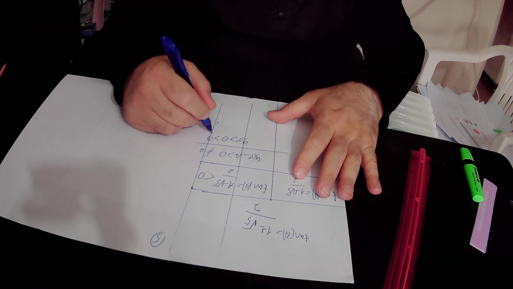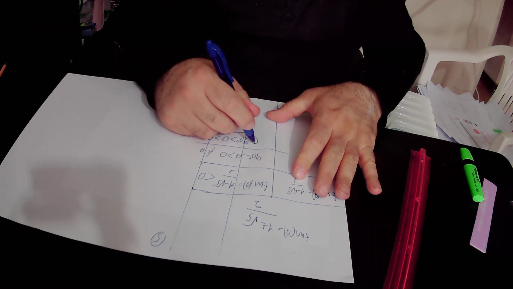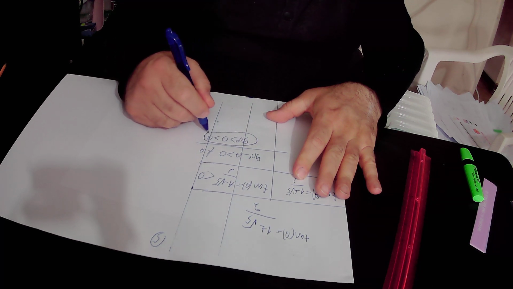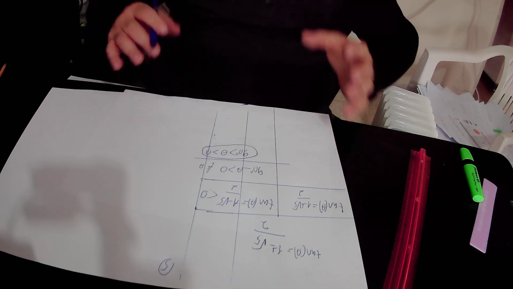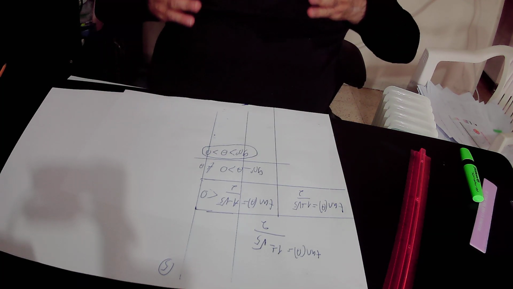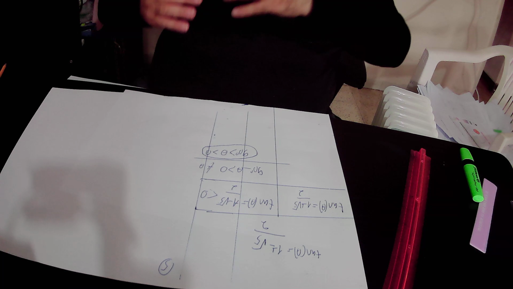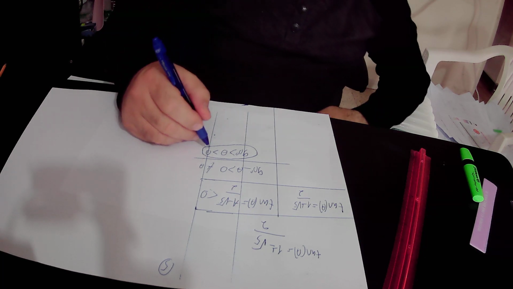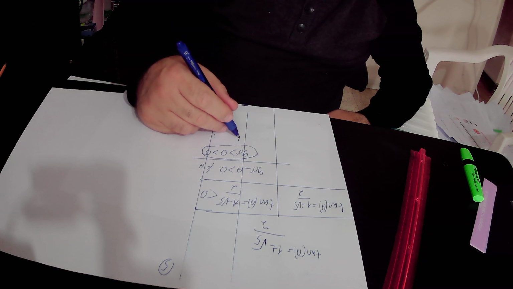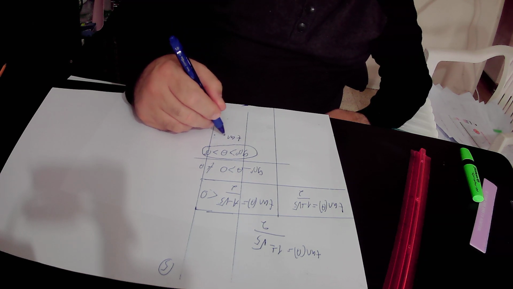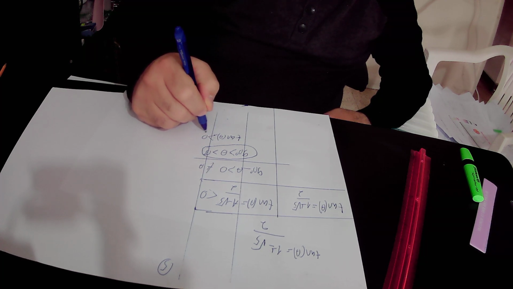So we found that angle theta, from one side is less than 90 degrees, and from the other side is greater than 0. So in this range of angles, from 0 to 90 degrees, tangent theta will be a positive number. Tangent theta is greater than 0.